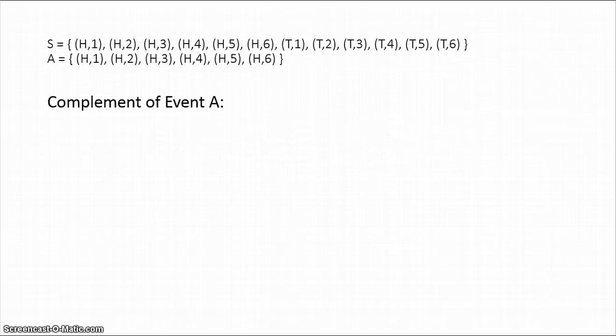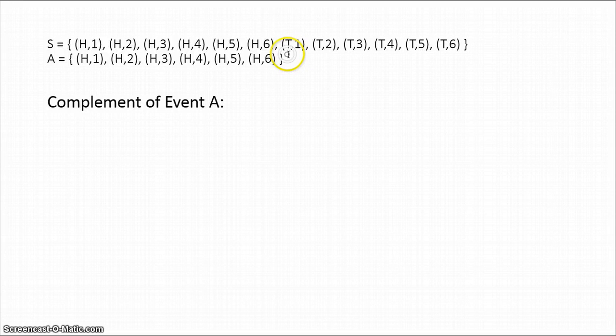Now, the complement of A is the set of outcomes not contained in A. So not A means we're not landing heads up. That means that we have tails landing up.